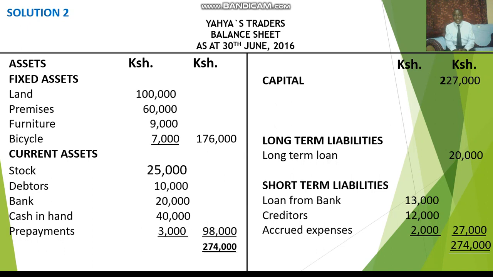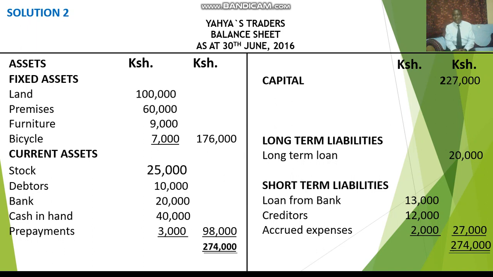So total current assets and fixed assets, you get 274,000. You might want to know what prepayments are. Prepayments are expenses settled in advance before you incur them.